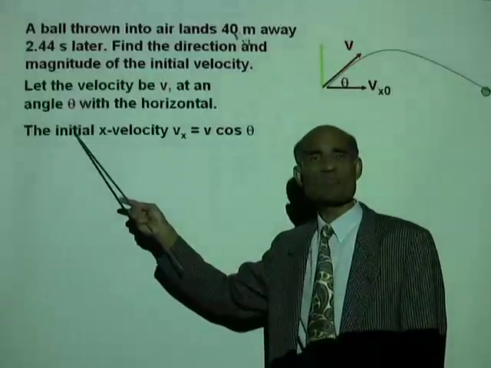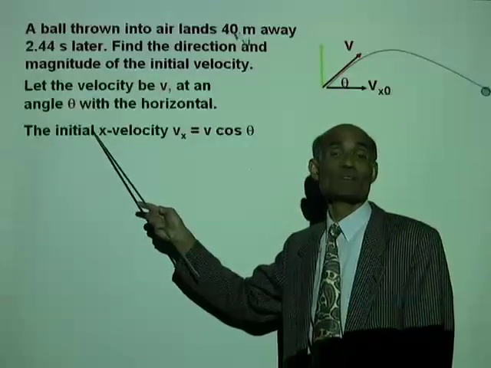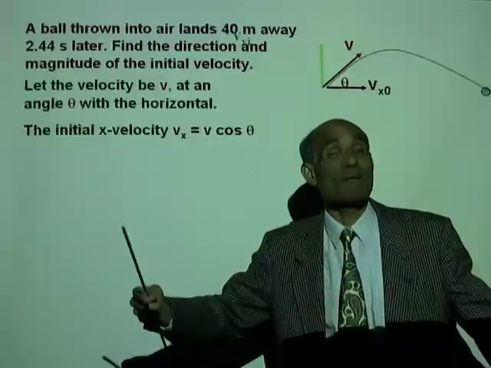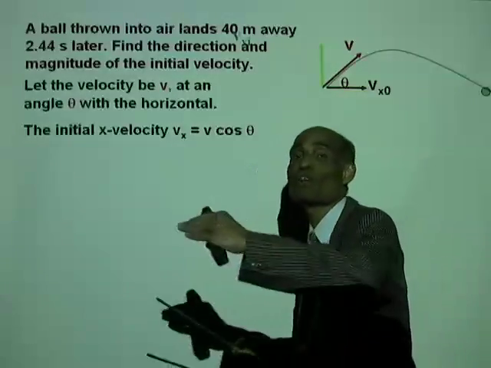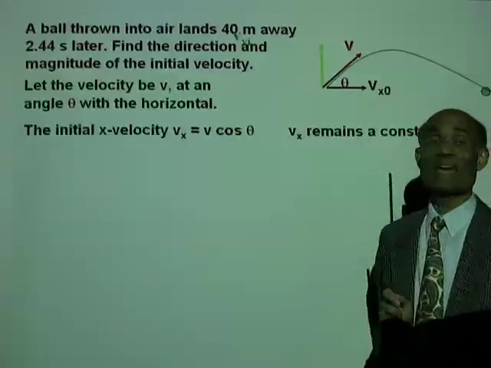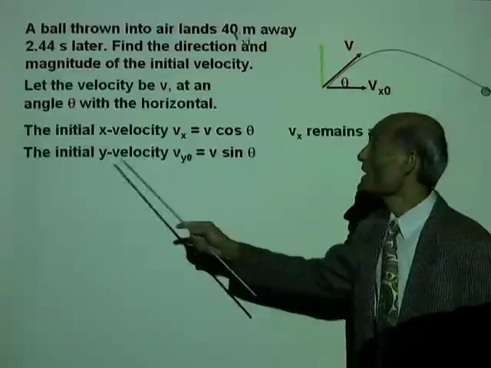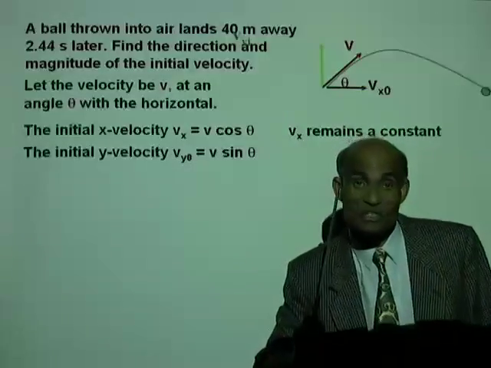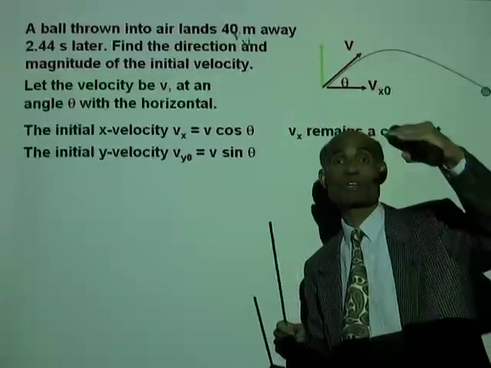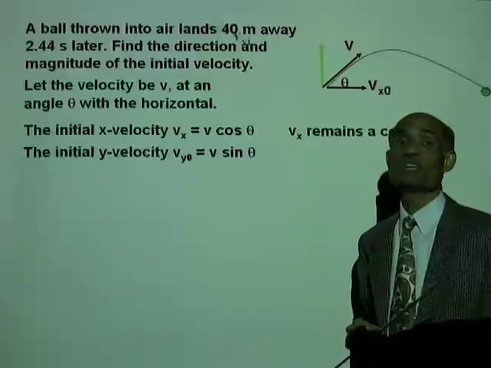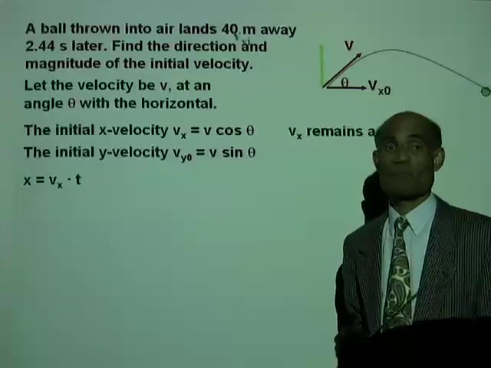Now, did I really have to call it initial? Well, this is the initial and also the final, because the x velocity will not change. And vx remains a constant. The initial y velocity, yes, we have to say initial, because the y velocity keeps on changing. Vy0 is v sin theta.